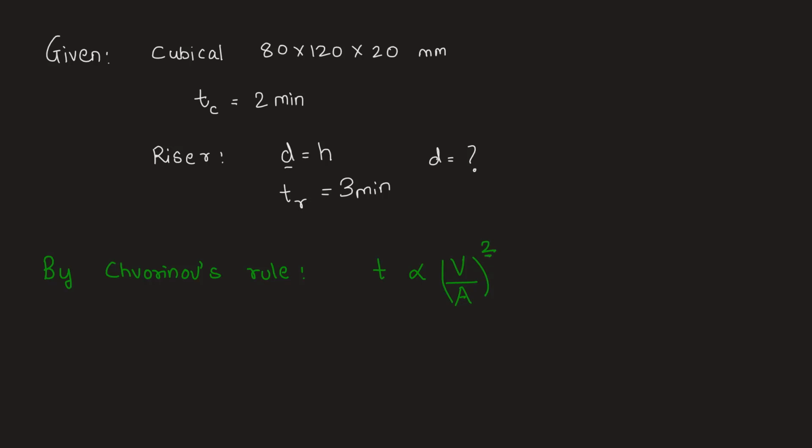As the exponent is given 2, we take square of this ratio. There is a constant k which will be same for both casting and riser in this case. So now we need to find out the volume and the surface area for each of the casting and the riser, and then take the ratio and find out the unknown term.